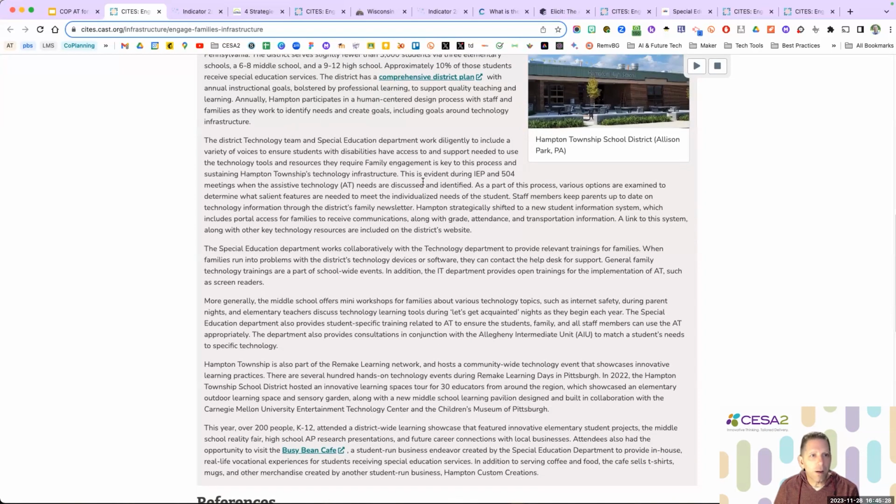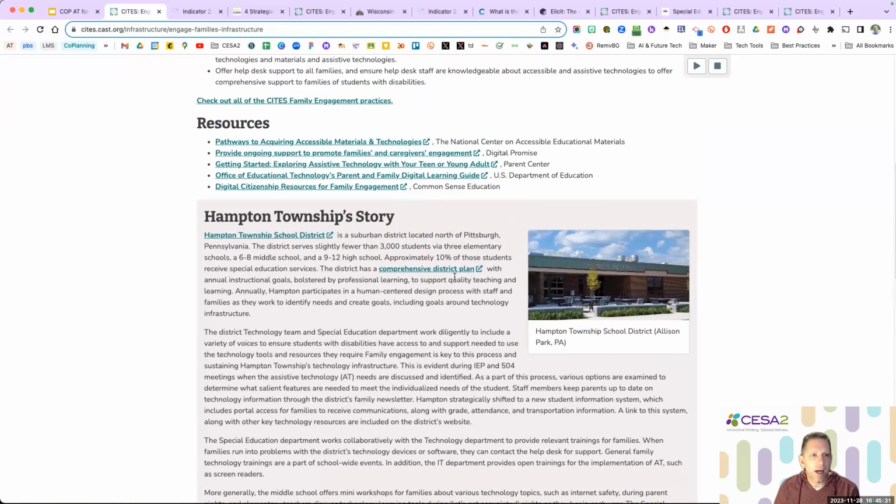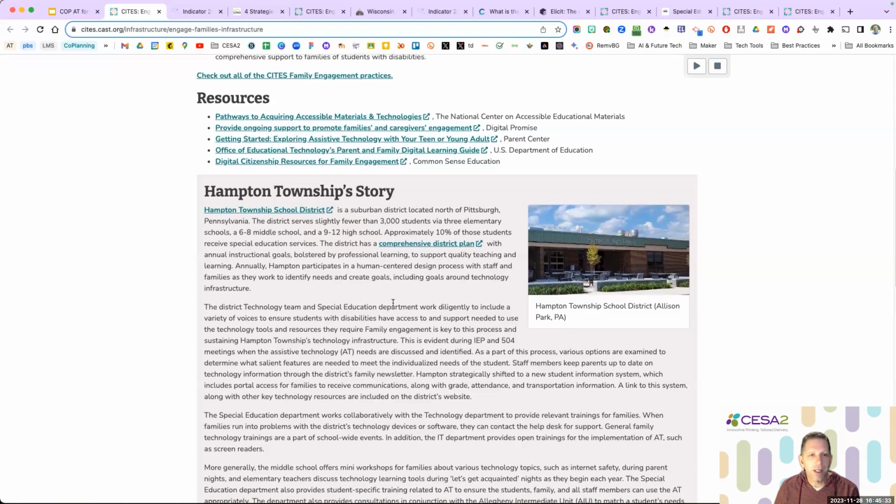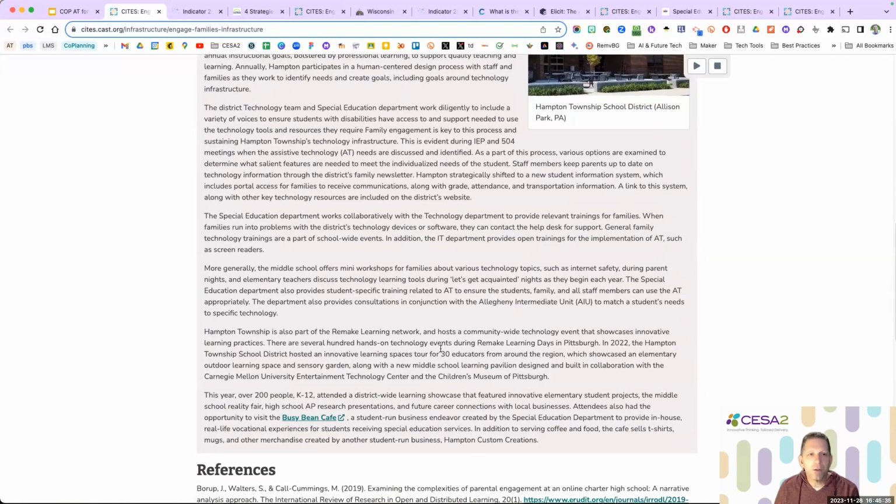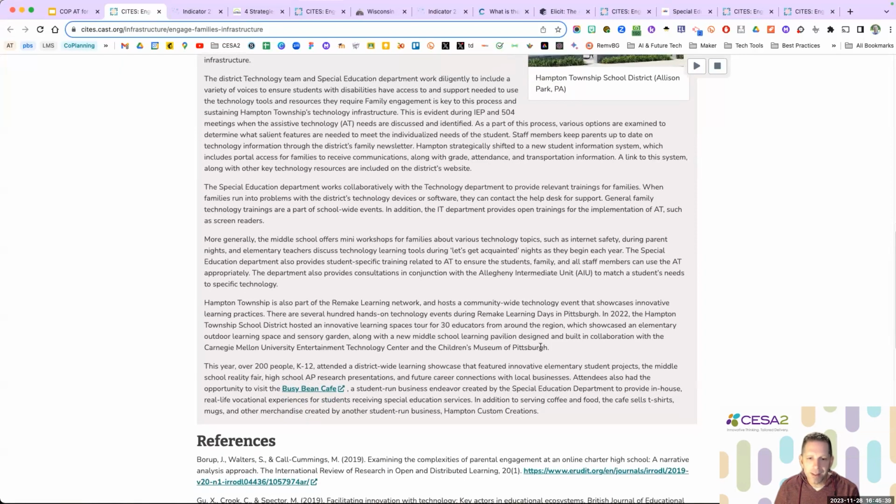They also mentioned that the Hampton Township School District partnered with a community center that also helped train parents and support students using assistive technology out in the community.